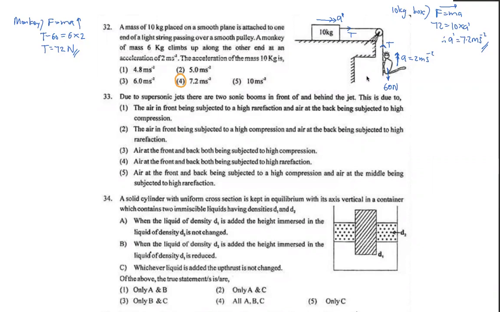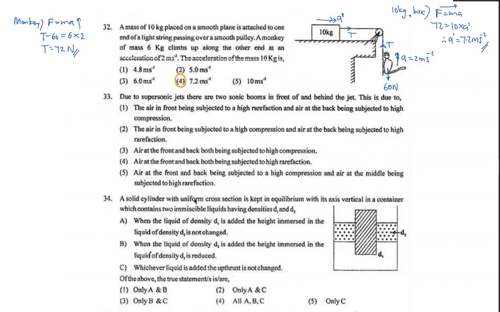High compression, high rarefaction. Right. So if you want a sonic boom, how do we compare sonic boom with compression? Okay, we'll come back to 33 quickly. We'll circle back to 33.